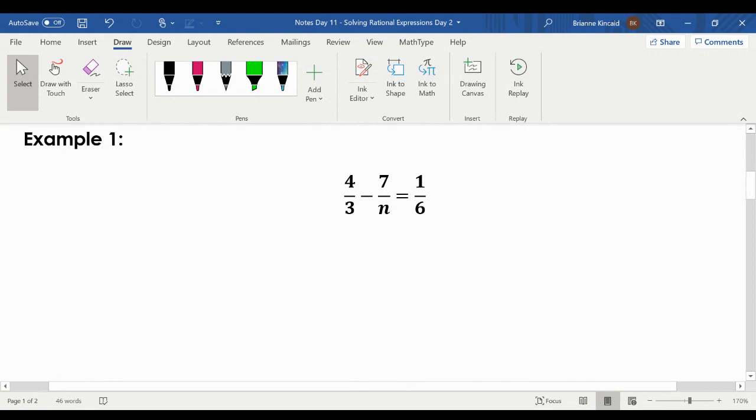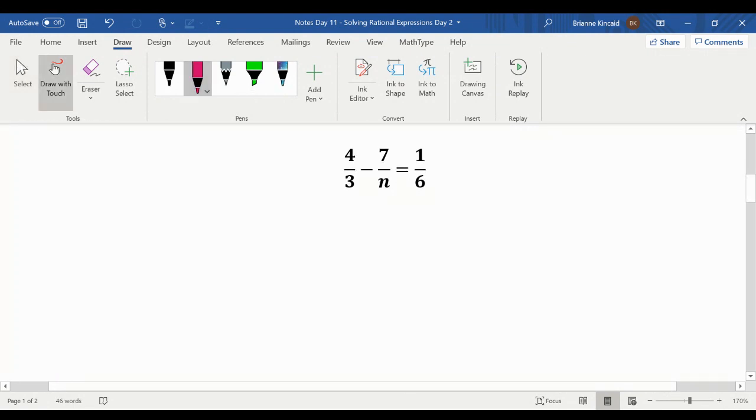The first thing I want to focus on is what should jump out at you, this subtraction sign here. I always want to change subtraction to addition, so I'm going to make this plus a -7. Next I'm going to focus on what my LCD should be. Remember, when we're thinking about the LCD, we want to focus first on the coefficients.